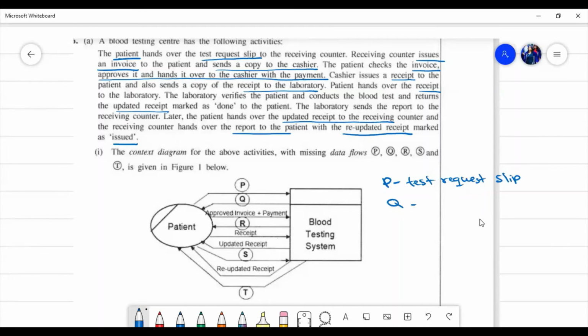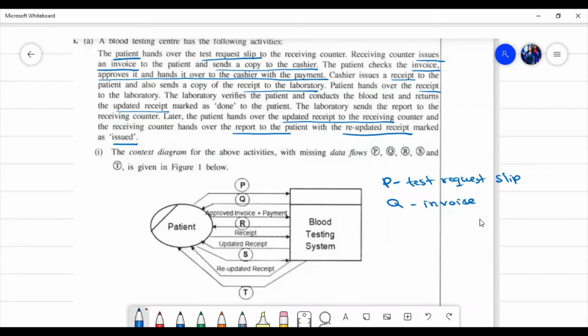So Q is the invoice. Then it says the invoice goes to the patient and a copy is sent to the cashier, which is some kind of internal thing. The patient checks the invoice, approves it, and hands it over to the cashier with the payment. So we have the approved invoice plus payment.